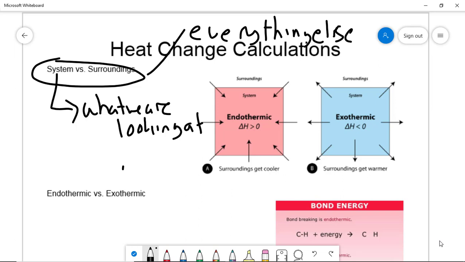How we define that is up to us, but it really makes it easier because we have a specific fine line of what we're looking at versus what we're not, so we can see and calculate the energy change much better than if we have to take in all the different variables. If, let's say, my hand is touching a desk, there's a lot going on there. Heat is probably flowing from my hand to the desk.